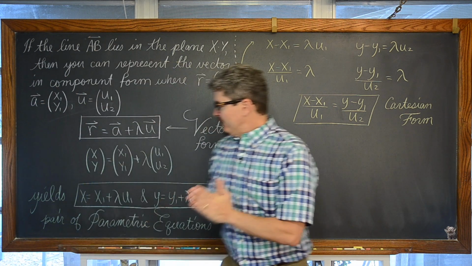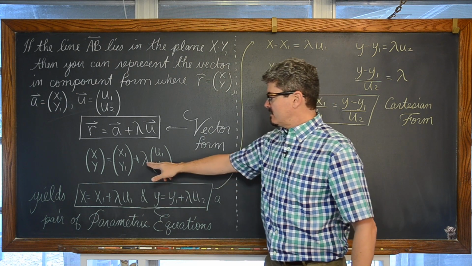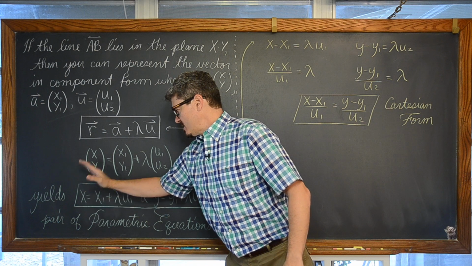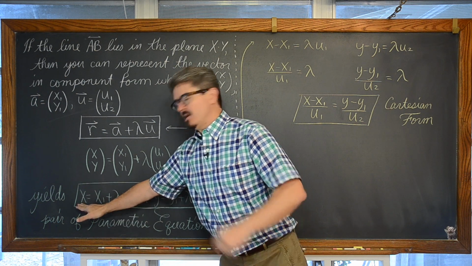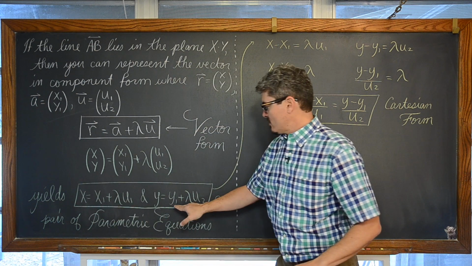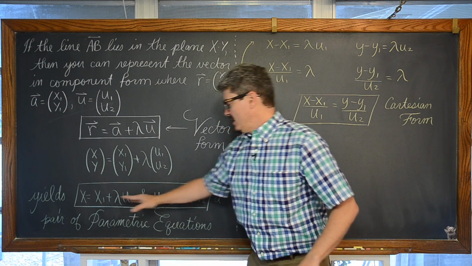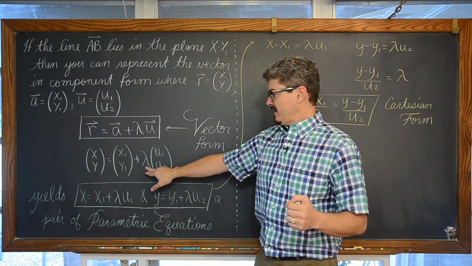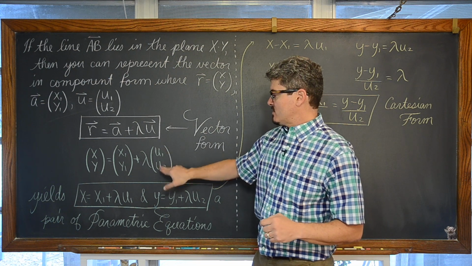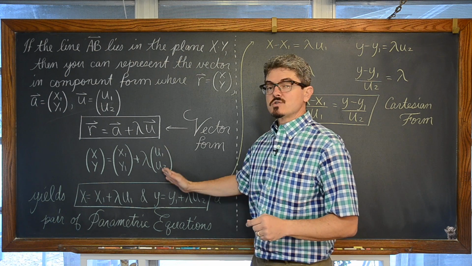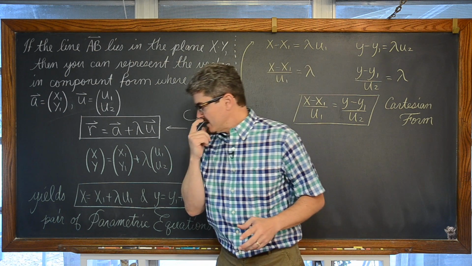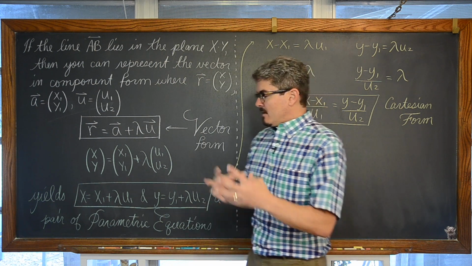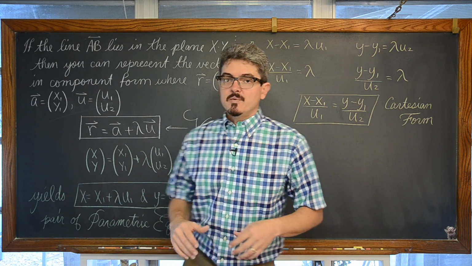Well, if we take the idea that this relationship between the initial x and an arbitrary point x, and initial y and an arbitrary point y, has to be true only if that same scalar multiple of lambda is applied to each of the components of this directional vector, that's going to allow us to go from this parametric form into a Cartesian form by realizing that lambda has to be the same in each of these equations.